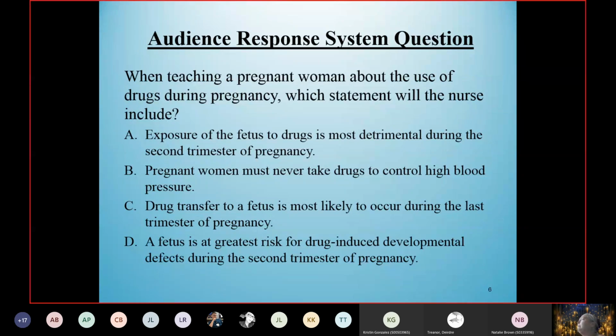When teaching a pregnant woman about the use of drugs during pregnancy, which statement will you include? A, exposure of the fetus to drugs is most detrimental during the second trimester of pregnancy. B, pregnant women must never take drugs to control high blood pressure. C, drug transfer to a fetus is most likely to occur during the last trimester of pregnancy. Or D, a fetus is at greatest risk for drug-induced developmental defects during the second trimester of pregnancy.